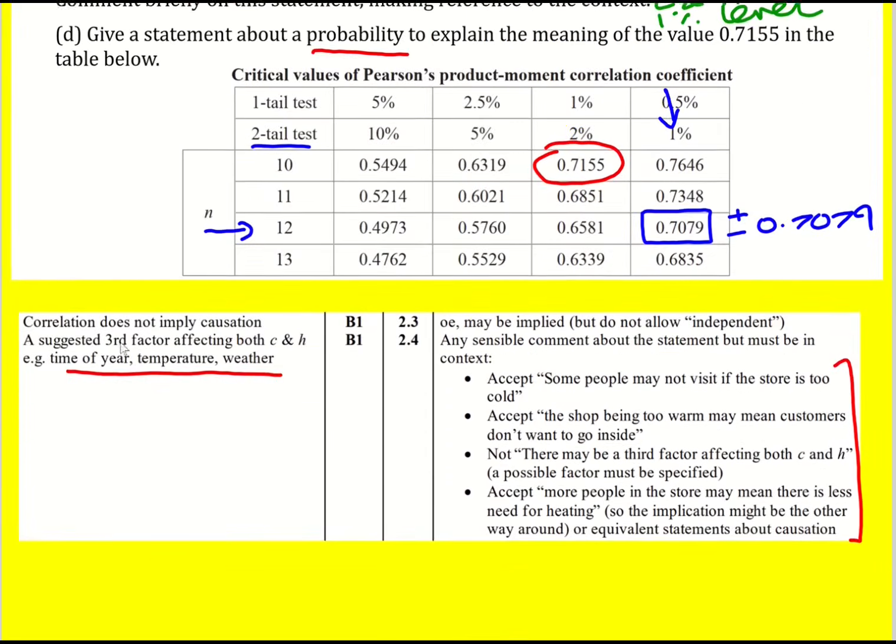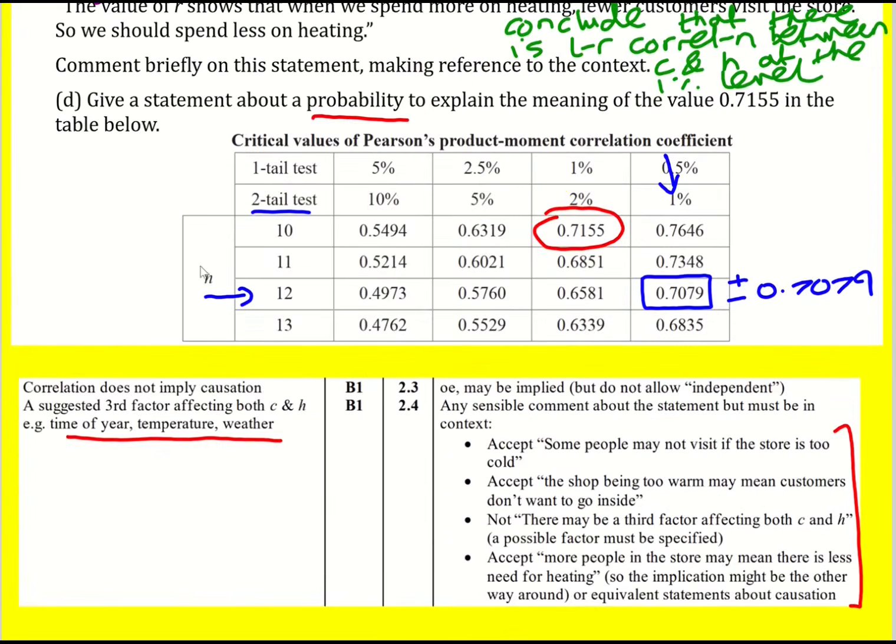So here, it wants something along, well, this is what I wrote. I wrote 0.7155 is the critical value at the 1% level when conducting a one-tailed hypothesis test with a sample of 10. Okay, so I referenced the 10 and the fact there was 1%. Of course, it could be 2% two-tailed as well.